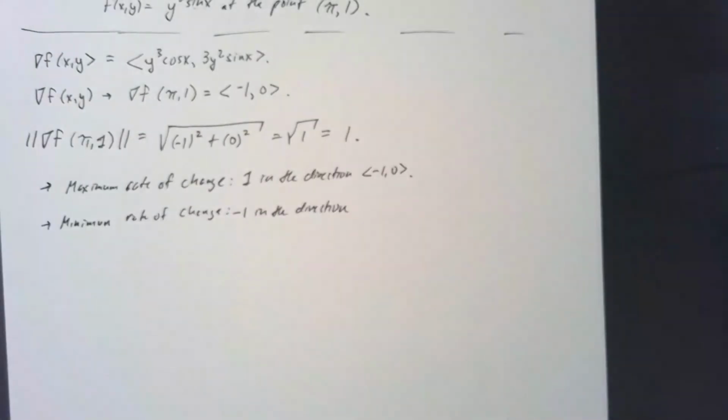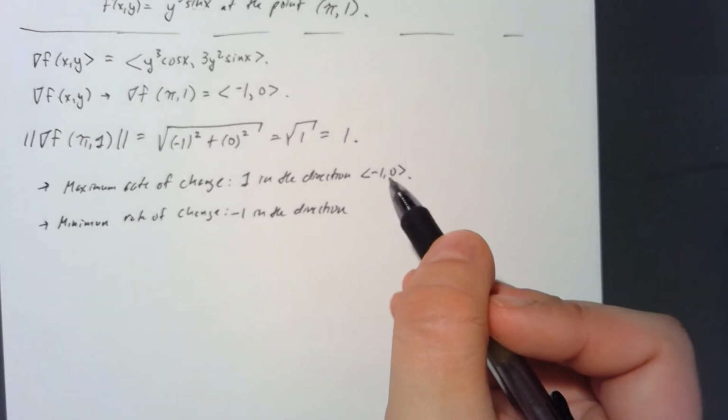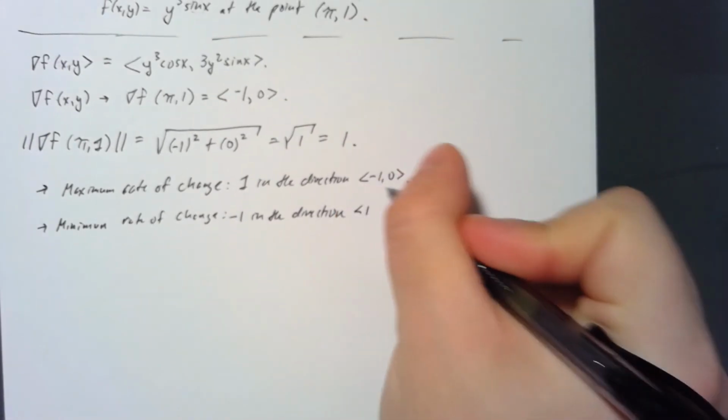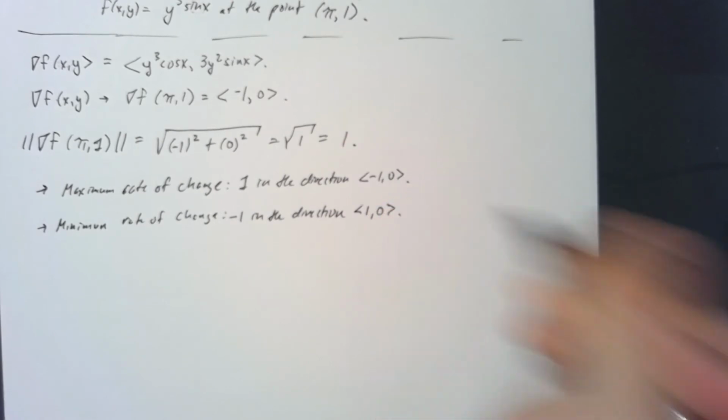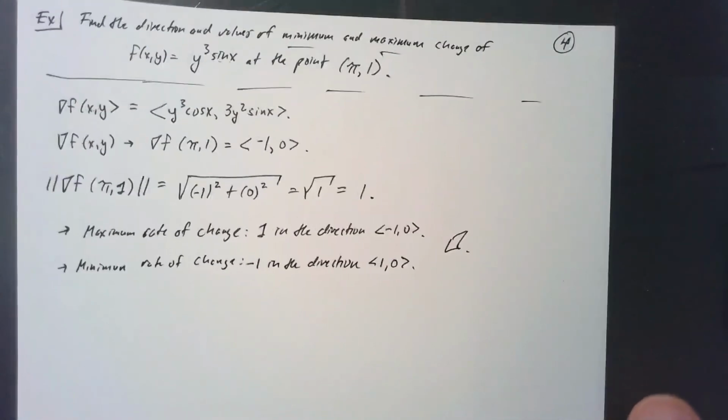So what's the opposite of this? You just multiply it by -1, right? So -1 times -1 is 1, and -1 times 0 is still 0. Nothing tricky there, but that's the basic gist of it, guys. Okay.